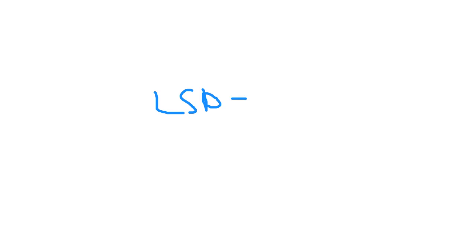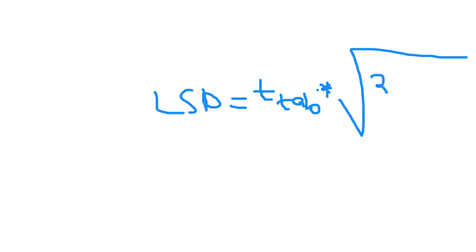John, I'm waiting for you. T tab multiplied by the square root of MSE into 1 over Ri plus 1 over Rj.